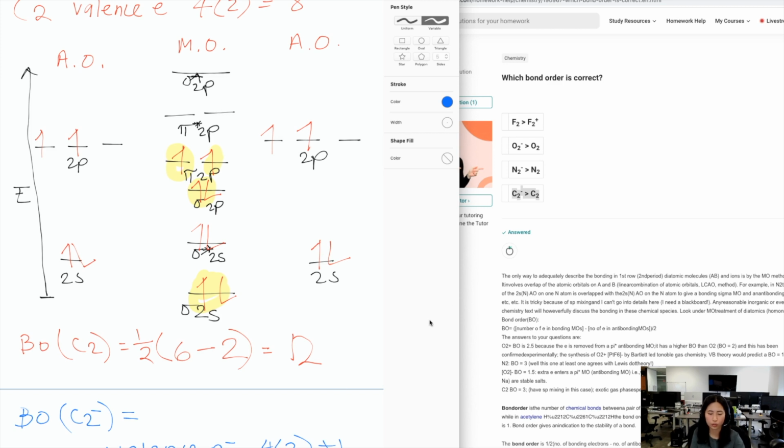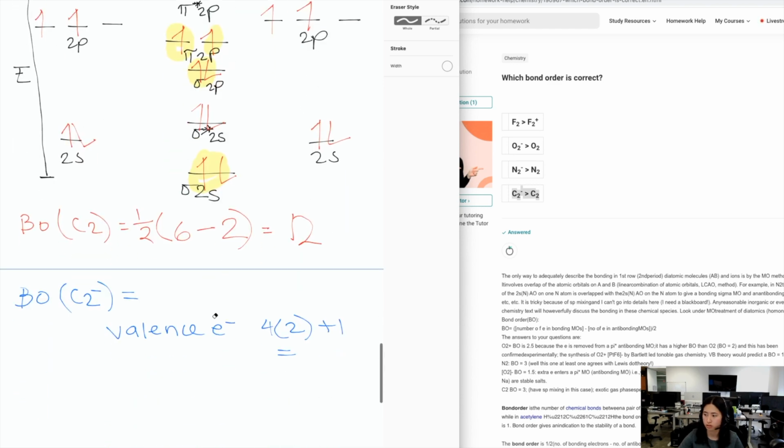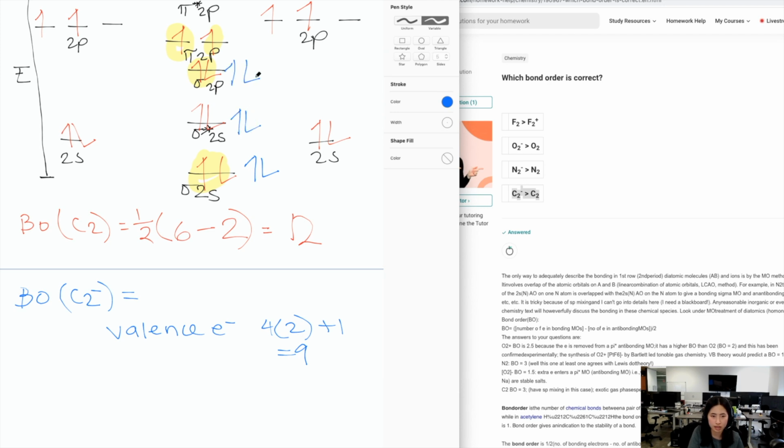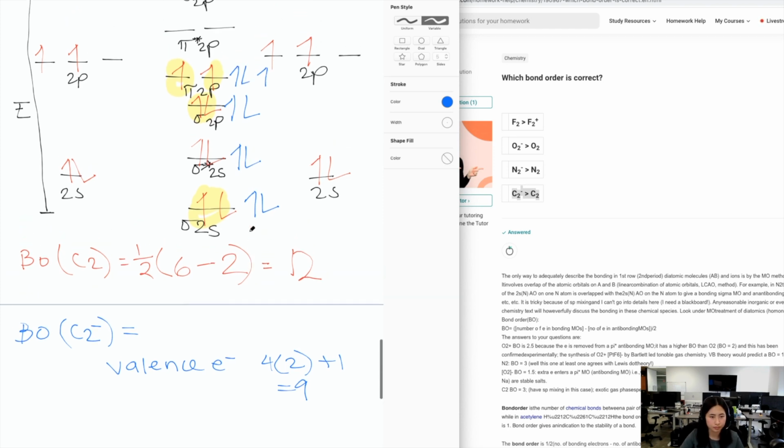If you have 9 in total for valence electrons, that means you need to fill this with 9 electrons. So 1, 2, 3, 4, 5, 6, 7, 8, 9, right? So you stop here.